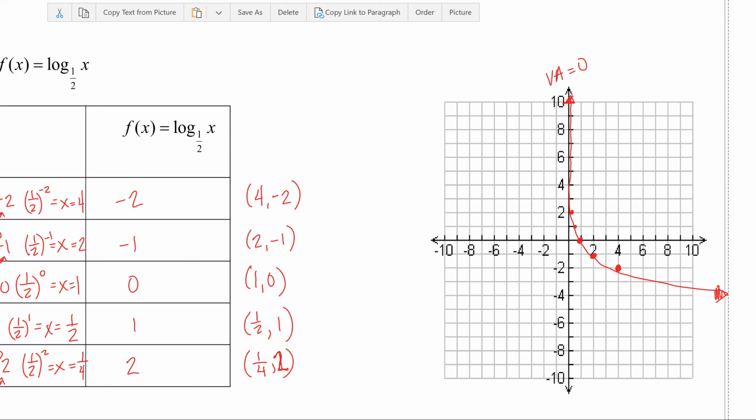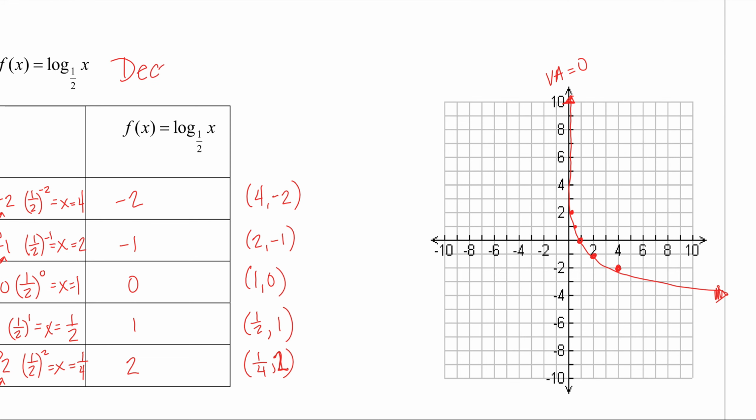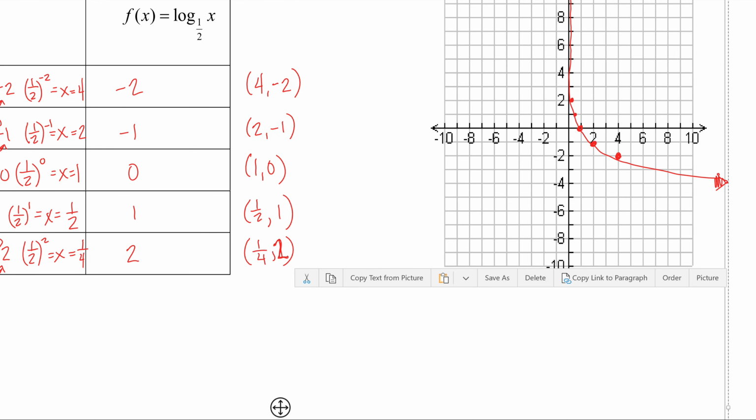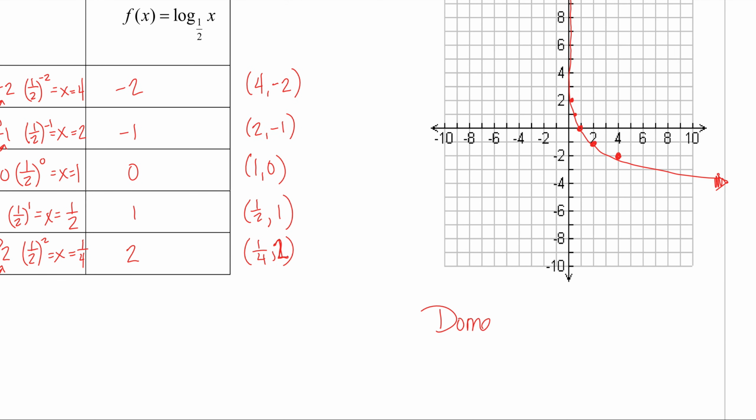Remember, from left to right, it's going down. So this is a decay. And if I were to do my domain, remember, domain is influenced by that vertical asymptote. So it would go from 0 to infinity. And my range, well, it keeps going from negative infinity to positive infinity, from bottom to the top.